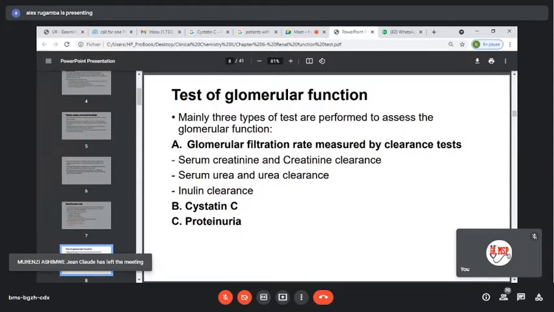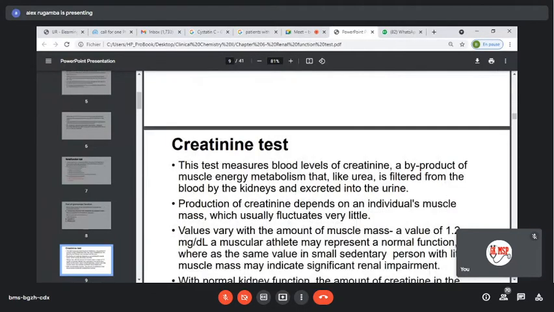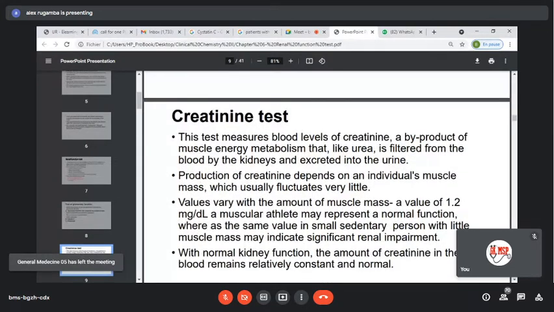So for glomerular filtration rate measured by clearance tests, we will focus on serum creatinine and creatinine clearance, of course, and serum urea, urea clearance, and inulin clearance. So what is creatinine? I told you that creatinine, urea, and uric acid are metabolic wastes.